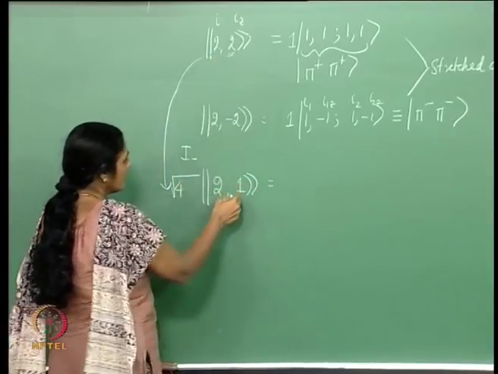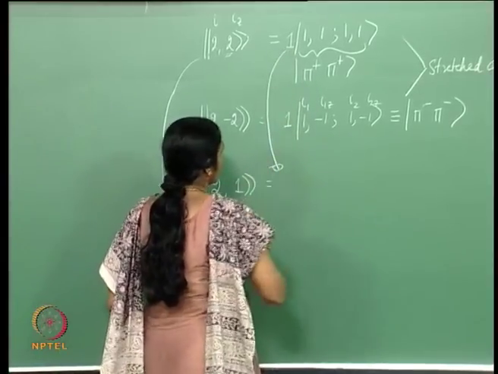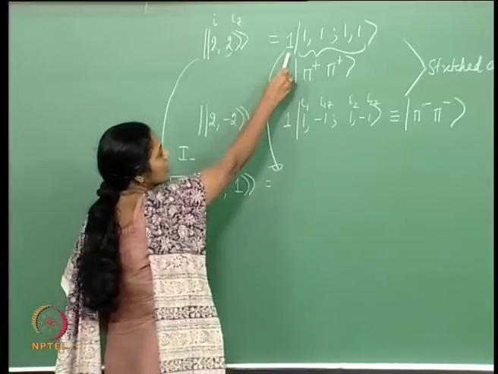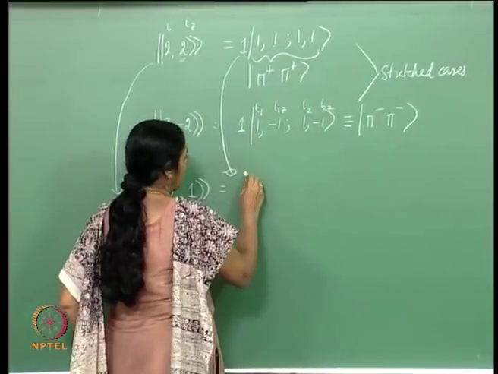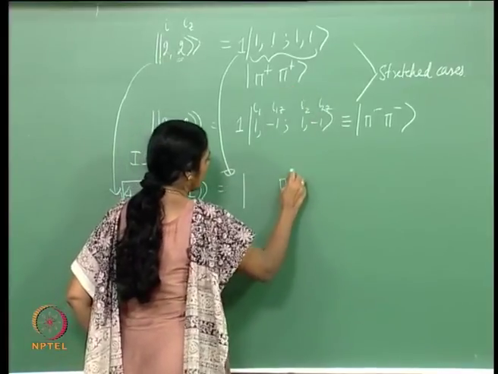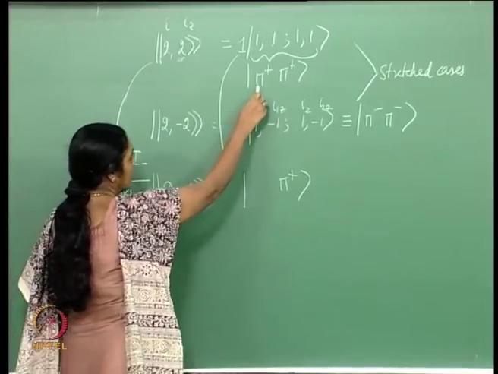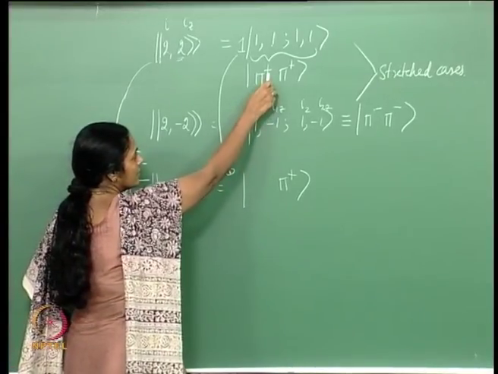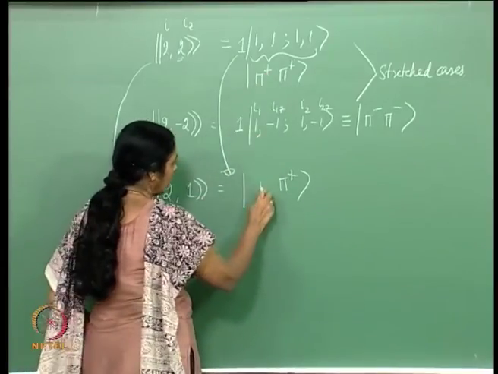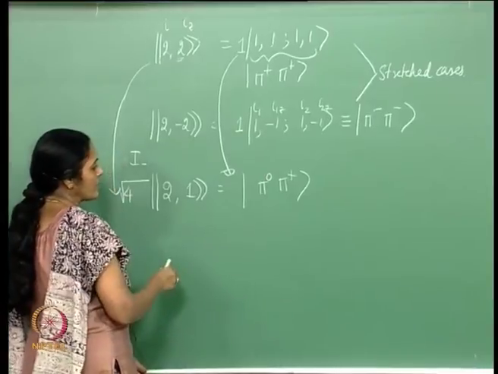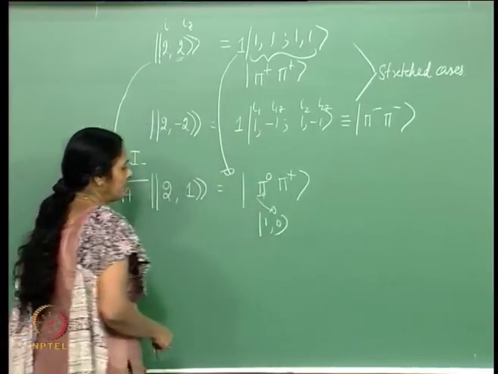So that gives me the state 2, 1, and on this side I have to work with I1 minus on this state, keeping this state fixed. In terms of particle content, the second entry is not changed. The first entry, the I1z value is brought down by 1, and therefore I go to pi 0, because pi 0 you will recall is a 1, 0.